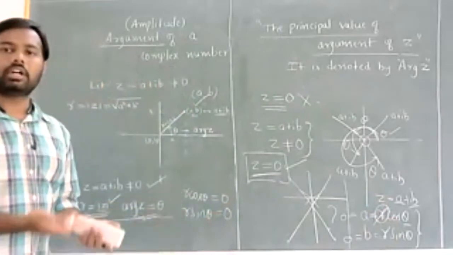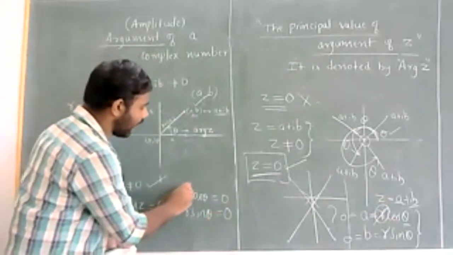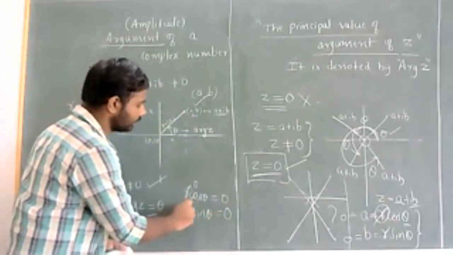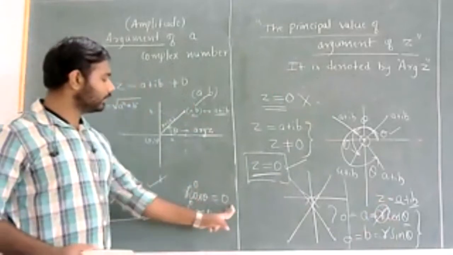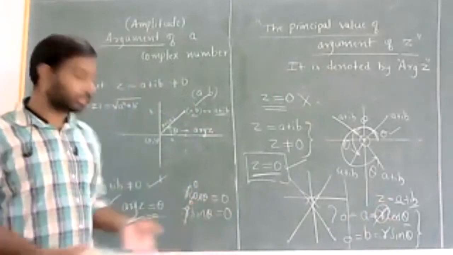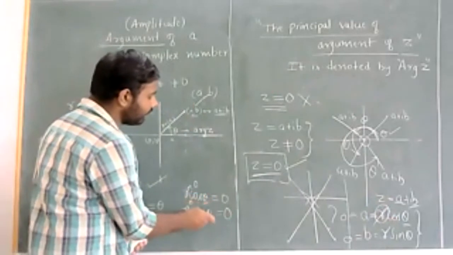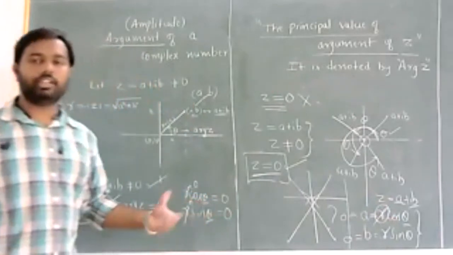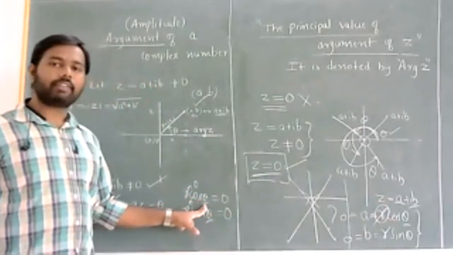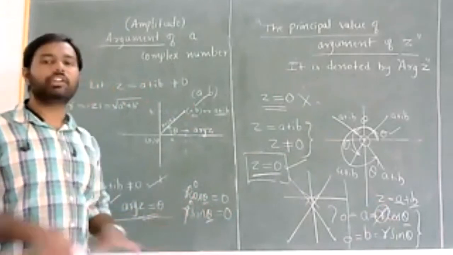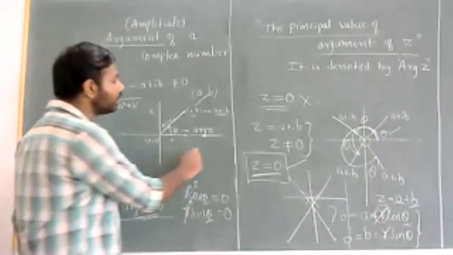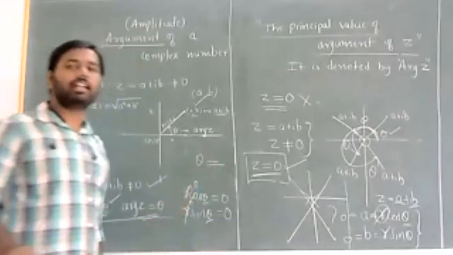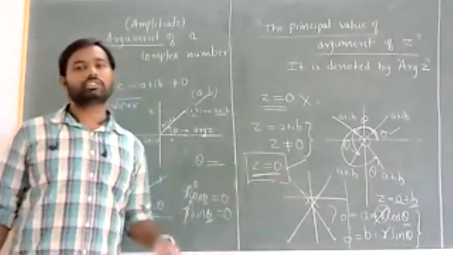The equations obviously hold because r is 0, and 0 into anything is 0. So whatever value of theta you give, these two equations will obviously hold, for all values of theta.